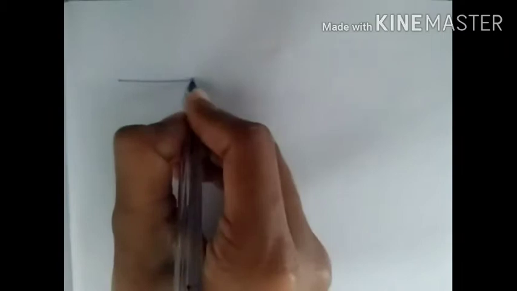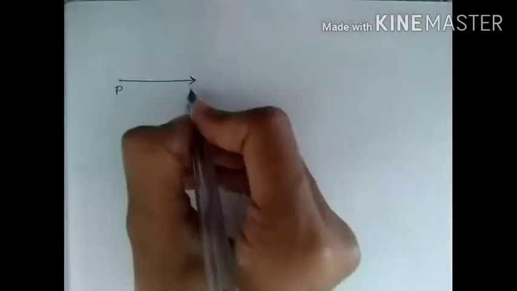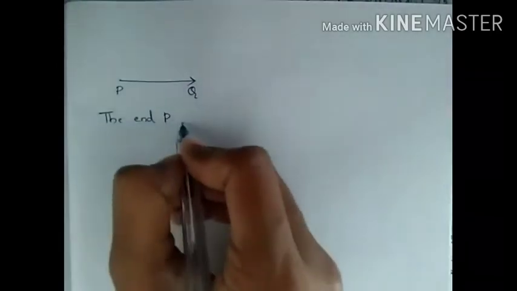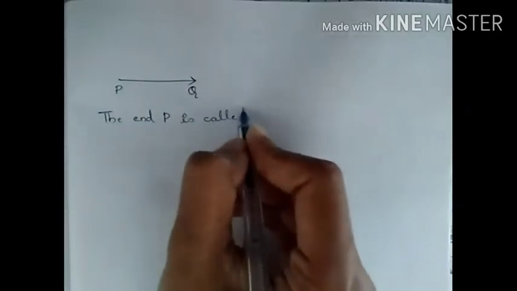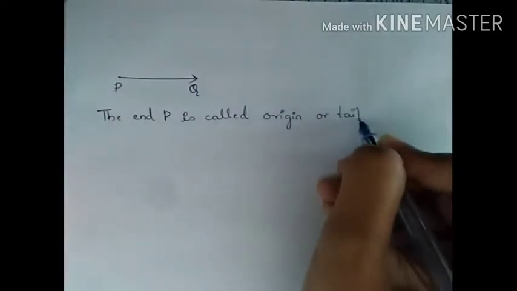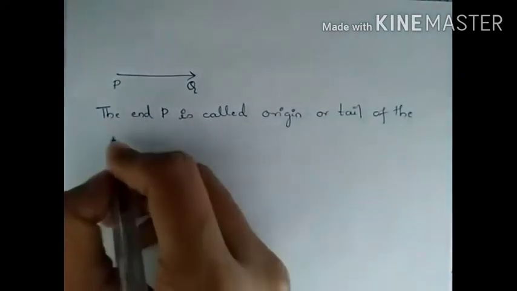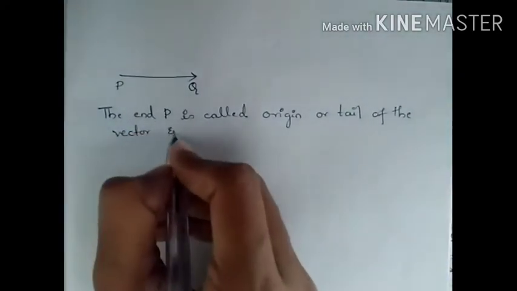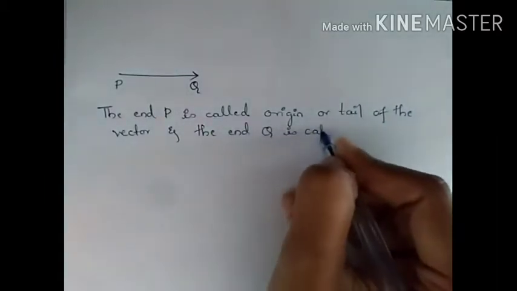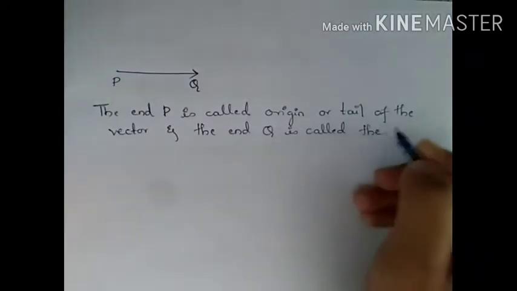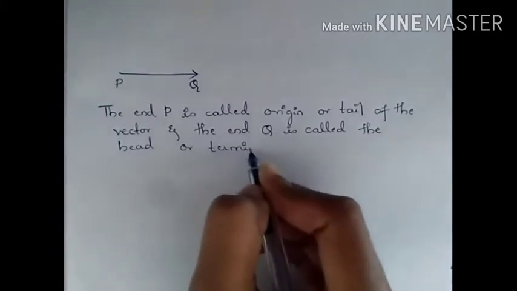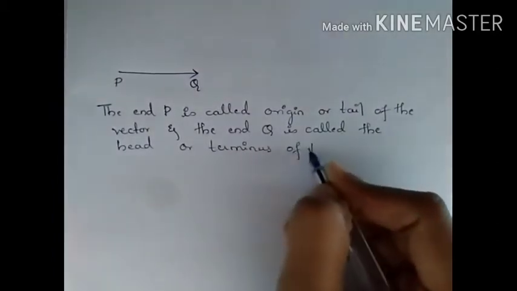If you have a vector like this, P, Q, the end P is called the origin or tail of the vector, and the end Q is called the head or terminus of the vector.